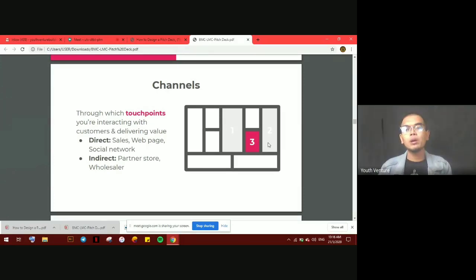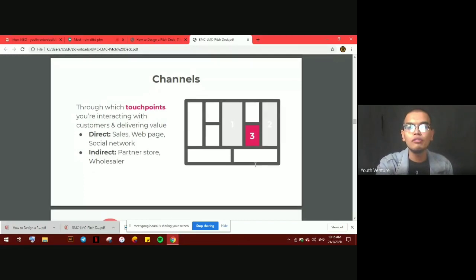That is where your key partners play a role, and after this we'll describe your key partners. One of the things you need to understand when describing the channel is that it is the touch point where you interact with your customer, where your customer receives the product and service from you, and where you deliver value to your customer.